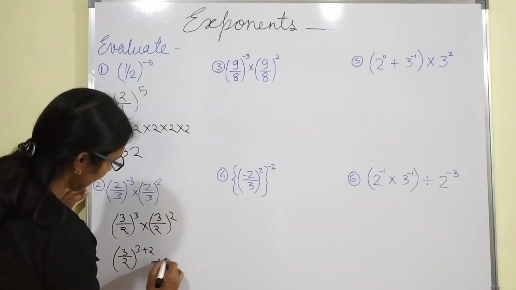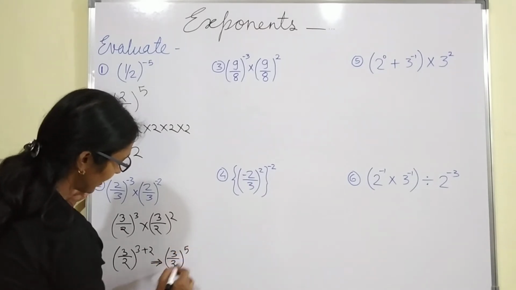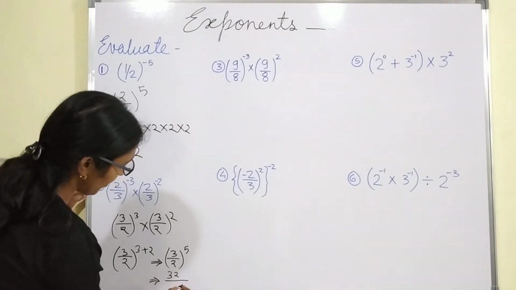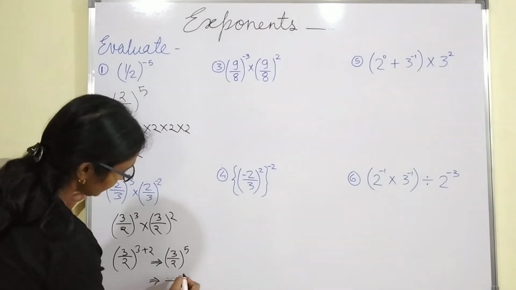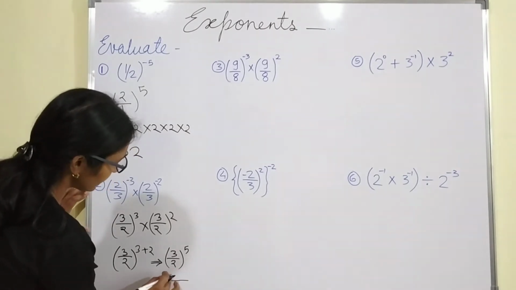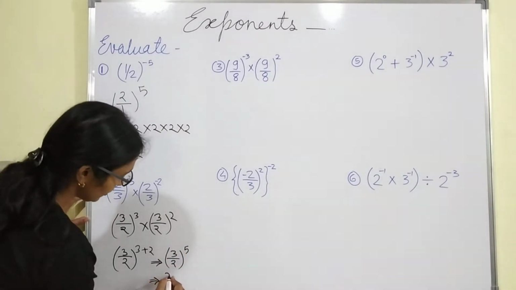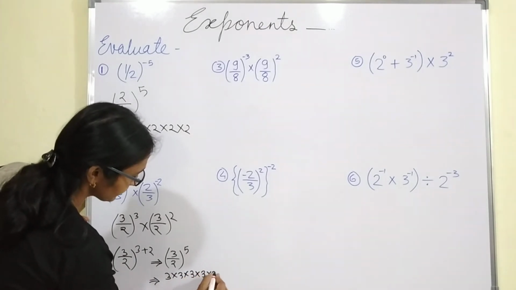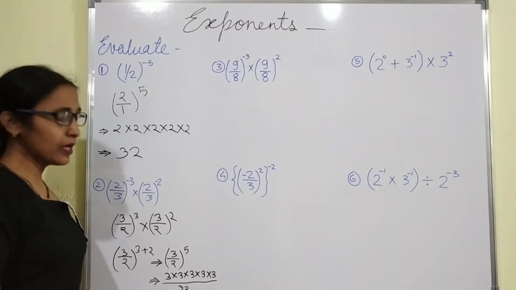So you will get (3/2) power 5. So your answer will be 243 upon 32. I am not remembering the value, but you write 3 into 3 into 3 into 3 into 3 upon 32.